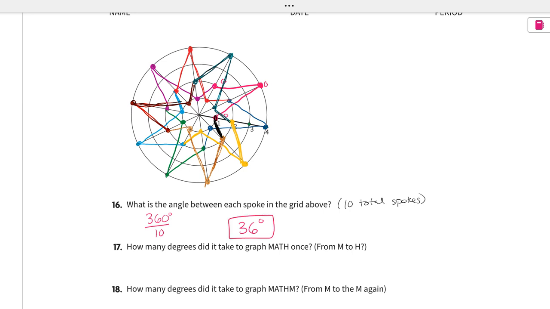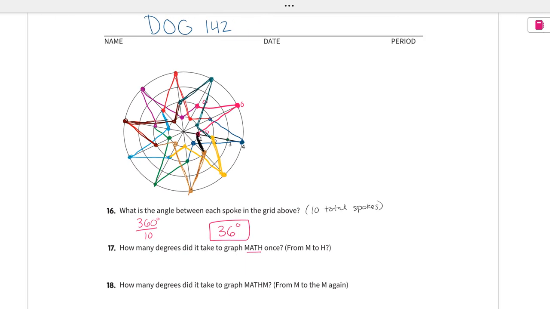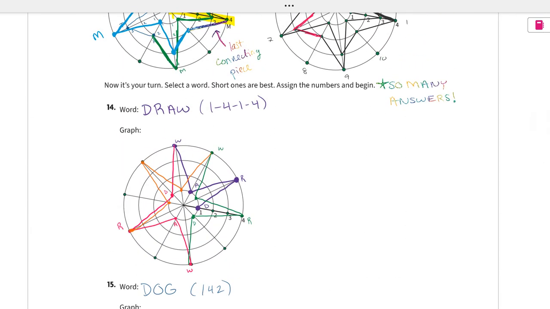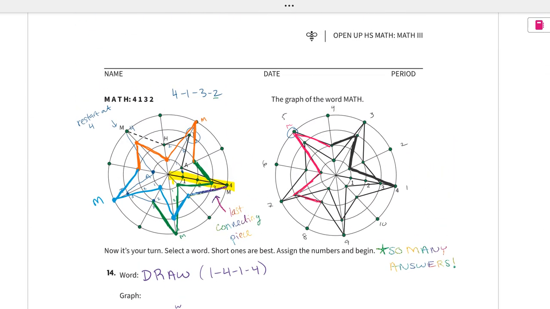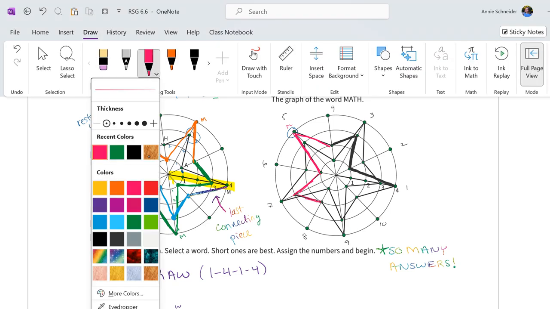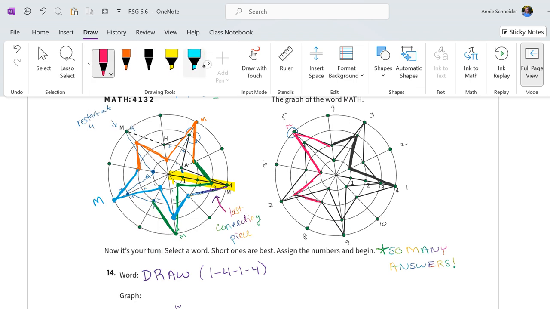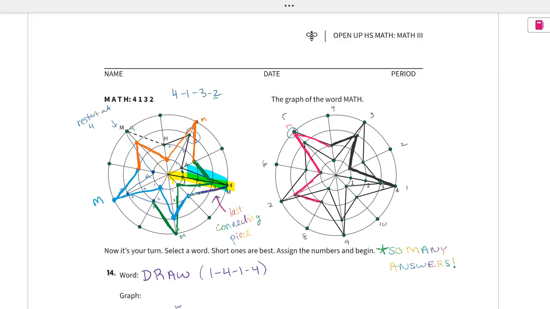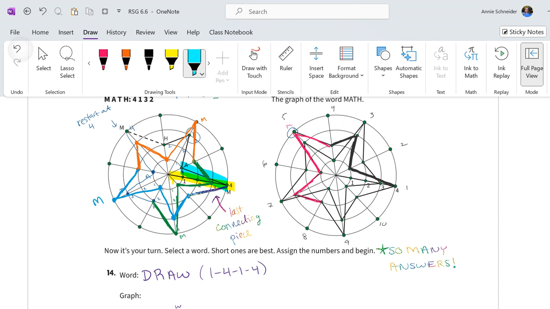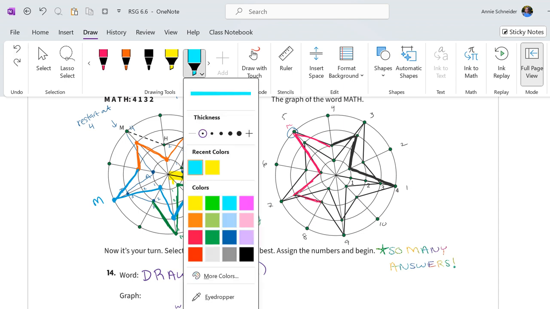Okay, how many degrees did it take to make the word math once? Well, we had to go over 4 spokes, right? So let's see, where's that math one? Let's highlight that one.